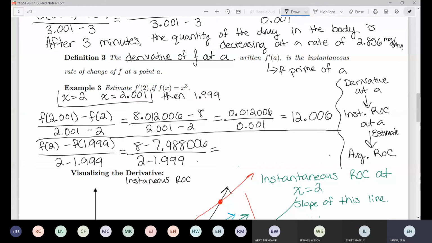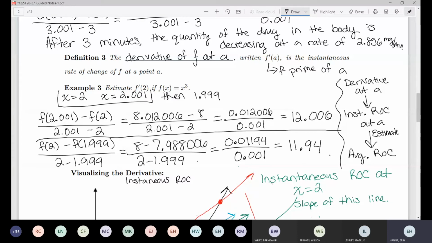Which would give us 0.01194 over 0.001. I get 11.94.